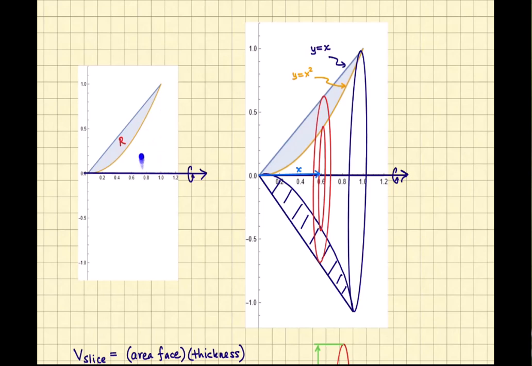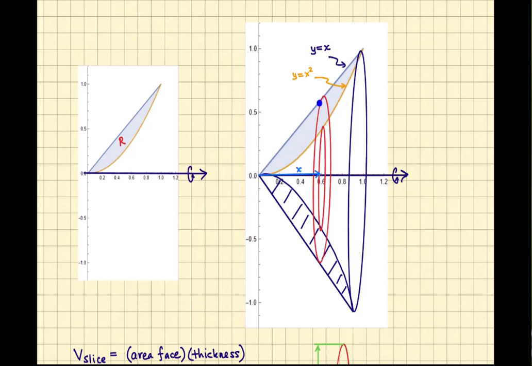So this air, for lack of a better term, is causing us to have a void in our solid. This part of our solid is the solid part, and then here this would just be a void in this funnel-shaped object. If you looked at this object from the outside, it would look like a cone, but when you looked at it on the inside, it would have this arched interior.